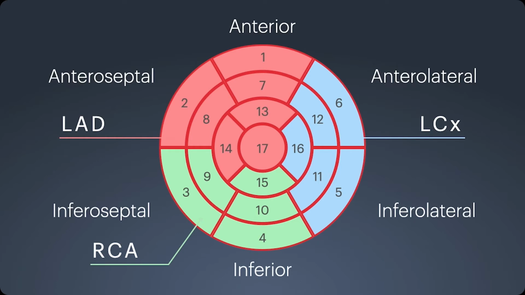For example, if you have a left dominant system, then the LAD takes over more of the apical segments, and the left circumflex artery also takes over more of the inferior wall segments. But really, it's a lot of variability depending on if you're right, left, or codominant, the degree of collateral vessels, as well as just individual anatomic variation. But it's important to keep that in mind.